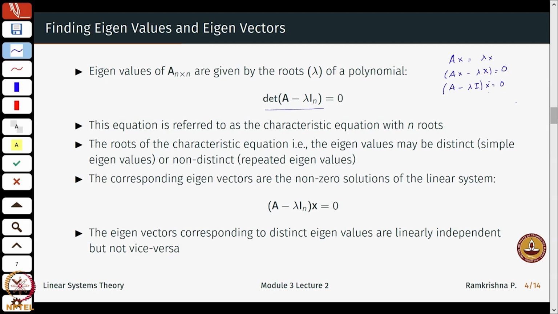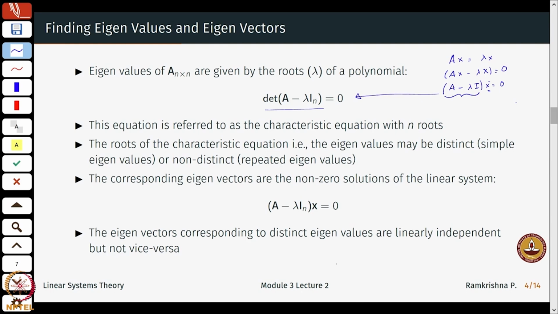So what does it mean? x is in the null space, or the kernel, of A - lambda I. We are interested in a non-trivial solution of this, which essentially means that the matrix A - lambda I should be singular, which mathematically means that the determinant of A - lambda I should be equal to 0.